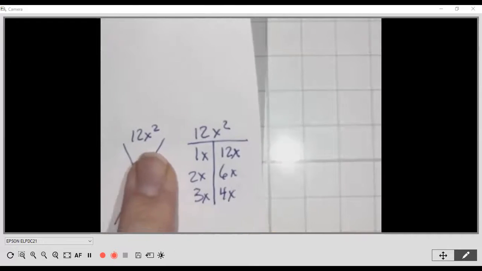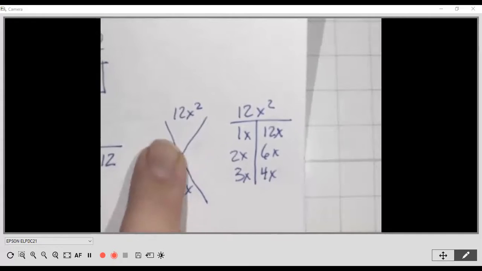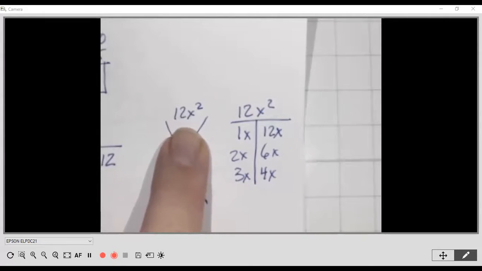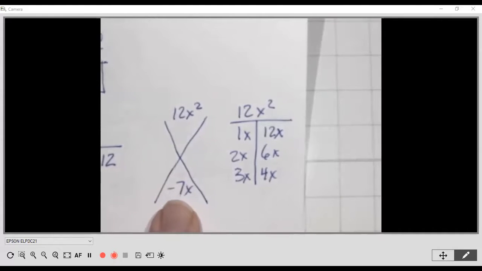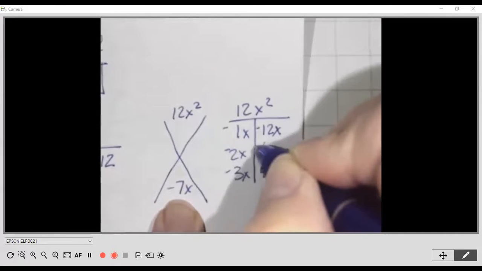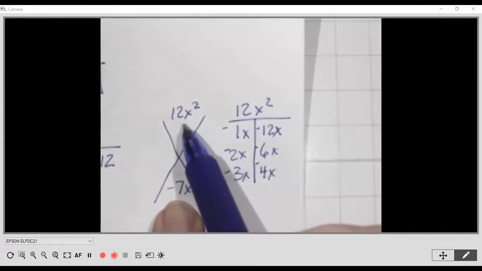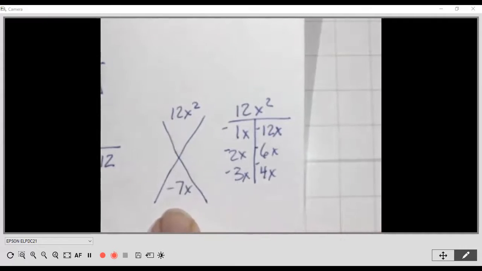They need to multiply together to give me a positive and add together to give me a negative. To multiply together to get a positive, it's either positive times a positive or negative times a negative. But to add together to be a negative, we have to have at least one negative. So in this case, they have to all be negatives, because they're multiplied together to give us a positive, and when we add them together, they add up to a negative.